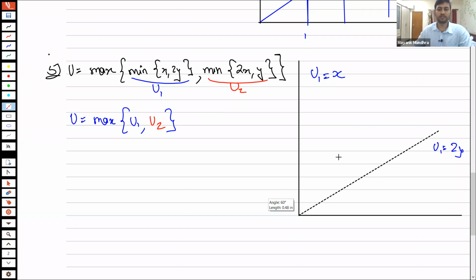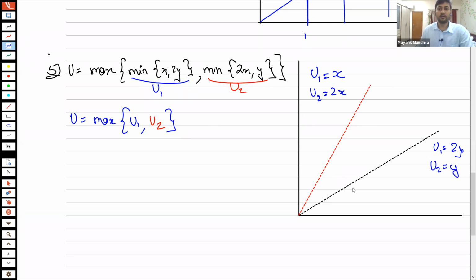So y equals 2x is going to be the dividing line. To the left, min of 2x and y is going to be 2x. The x variable is smaller to the left, right? So here you would have u2 equals 2x. And here you would have u2 equals y.